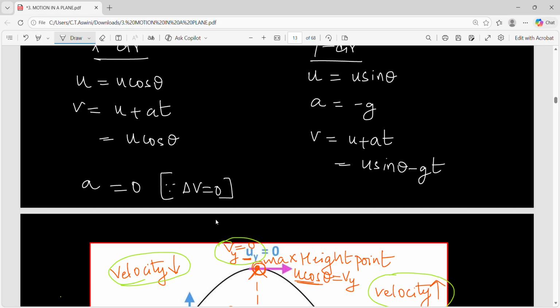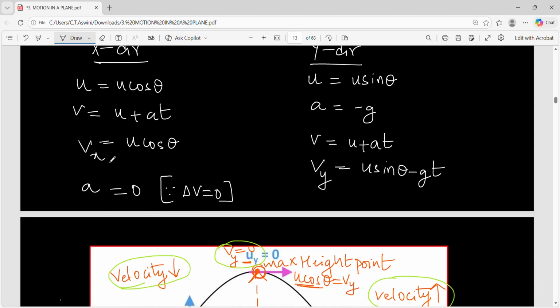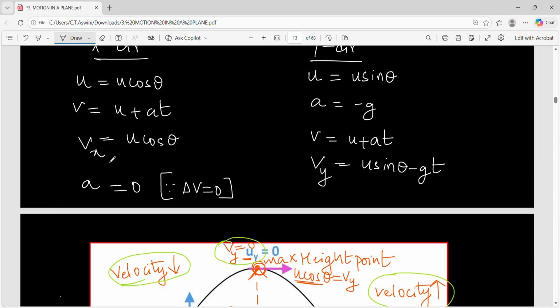So this is your vy and this is your vx. Any difficulty? Please do understand, this is very important. And velocity at maximum height will be 0 along y direction, but it is not 0 along x. Got my point? Important.